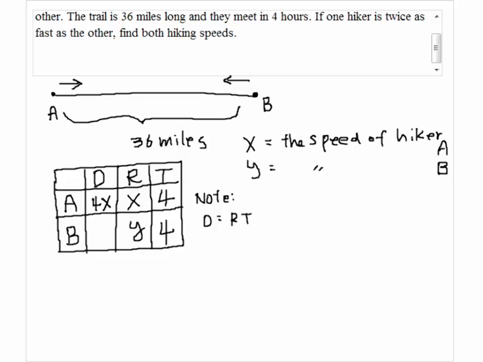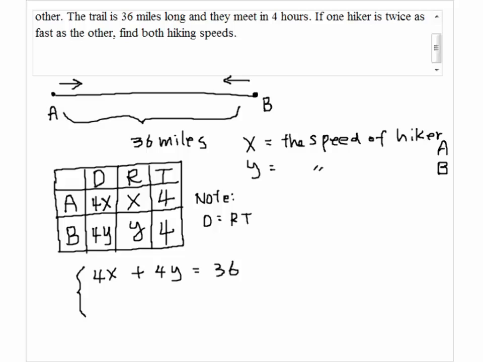So we have 4 times x for hiker A and 4 times y for hiker B. When we add the distance hiker A covered, which is 4x, to the distance hiker B covered, which is 4y, we get 36 miles, which is the total miles apart at first.